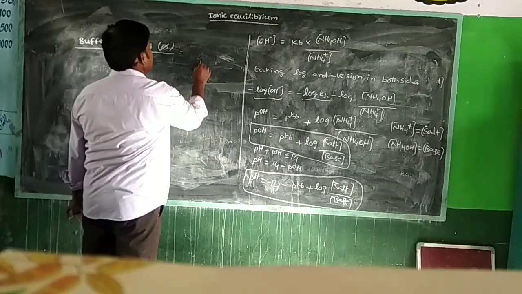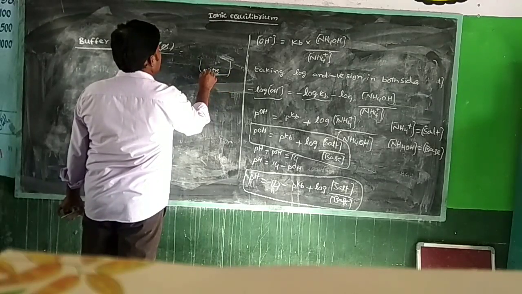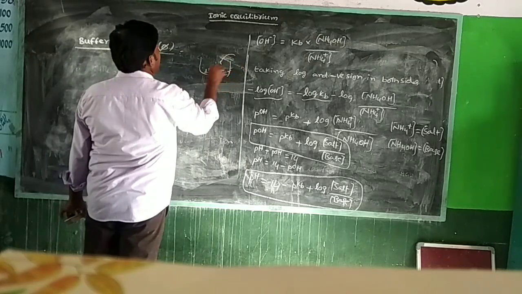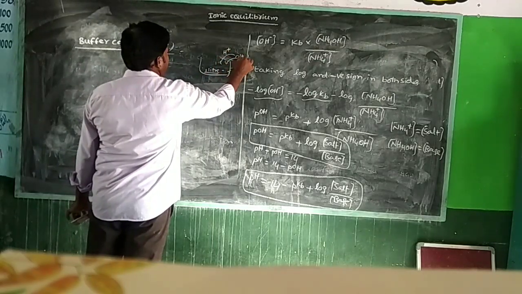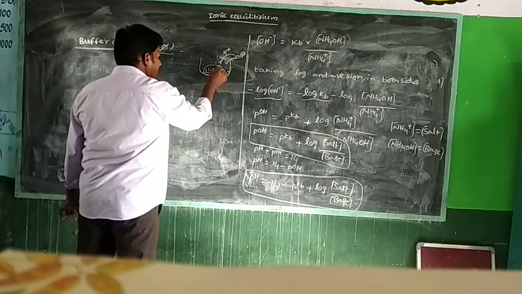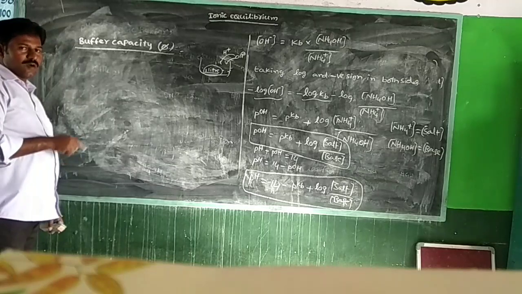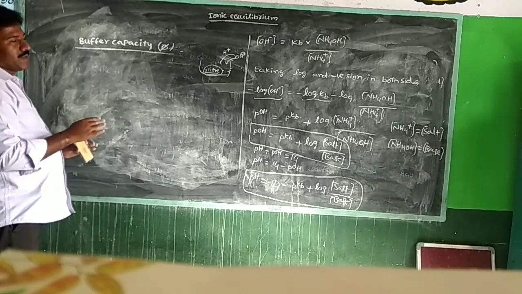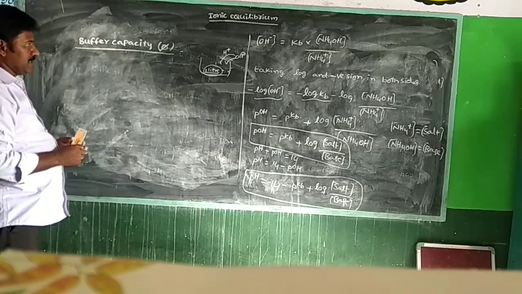If we take 1 liter of buffer solution and add acid or OH minus ion, the change in pH of 1 liter of solution by 1 unit is called buffer capacity.